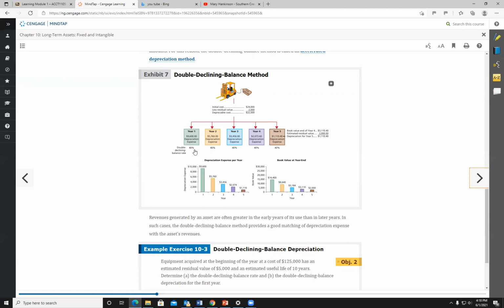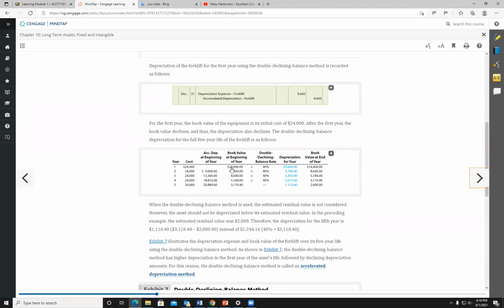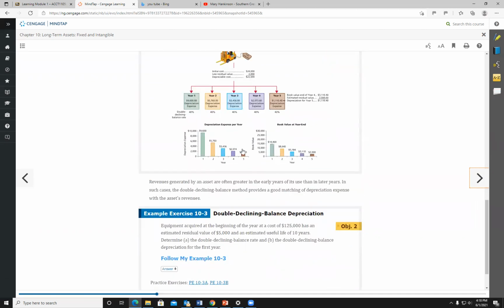Again, the book value is the value less the depreciation cost. So every year, the book value decreased by what was being recorded as depreciation cost. Therefore, the amount being multiplied by the double declining rate decreased. You can see that pattern here.